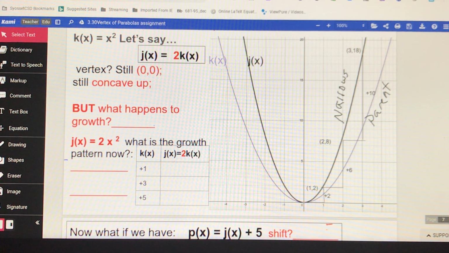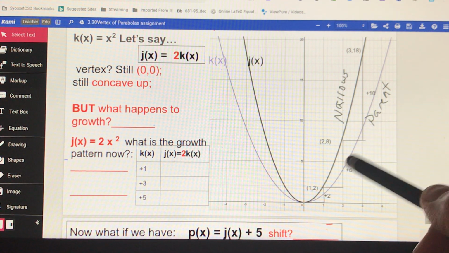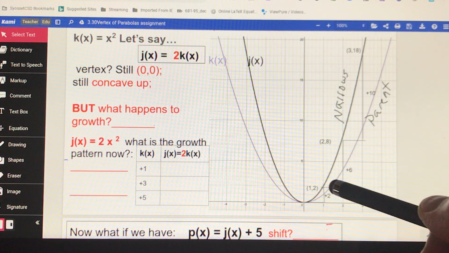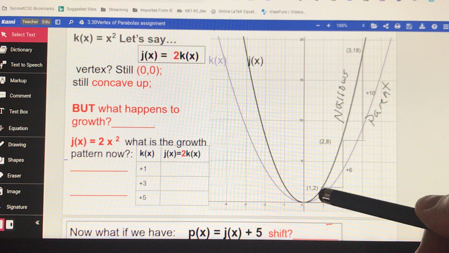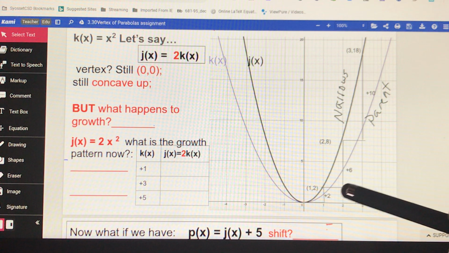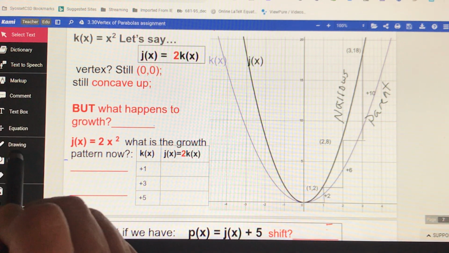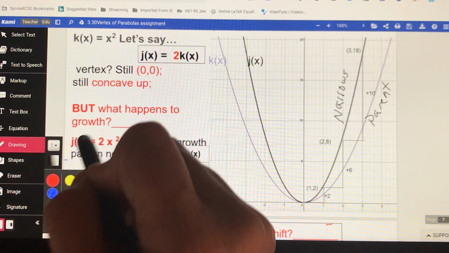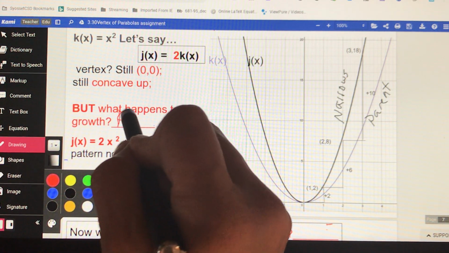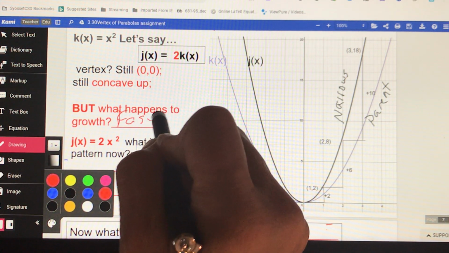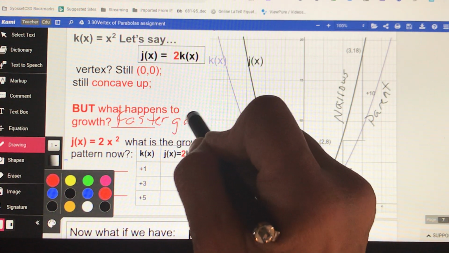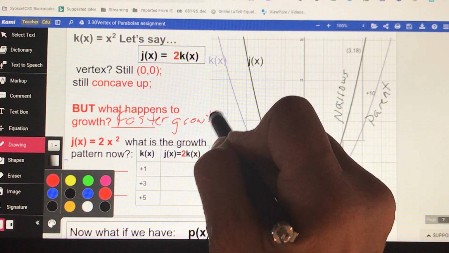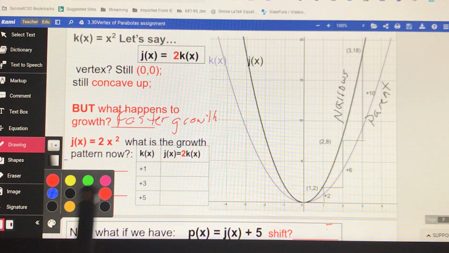Well, you can see from the parent function, it starts to grow faster. And the faster growth gives it a narrower appearance. So it tends to narrow, right? So we have faster growth, which gives the appearance of the parabola narrowing.